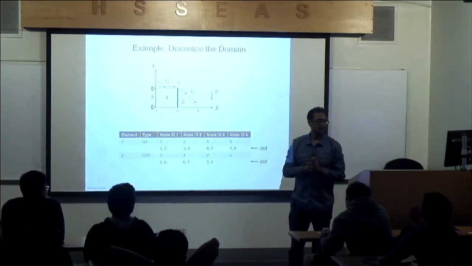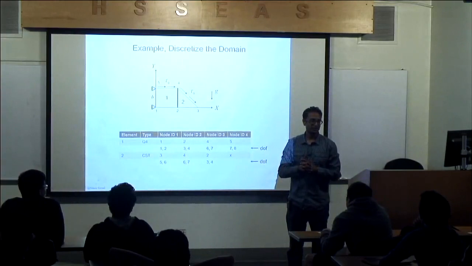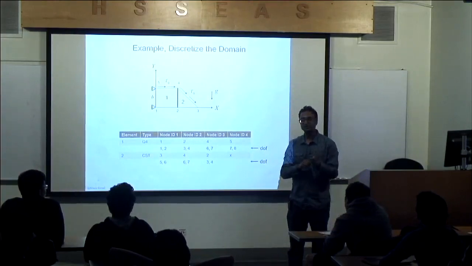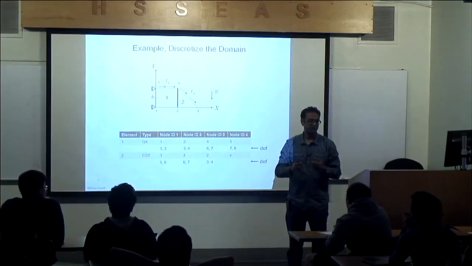What do you decide to do? Square, triangle, or 3 triangles? Your question is why I selected 2 elements and not 3? The answer is simple. Less work for me. For me to teach you a concept, I don't need 200 elements.